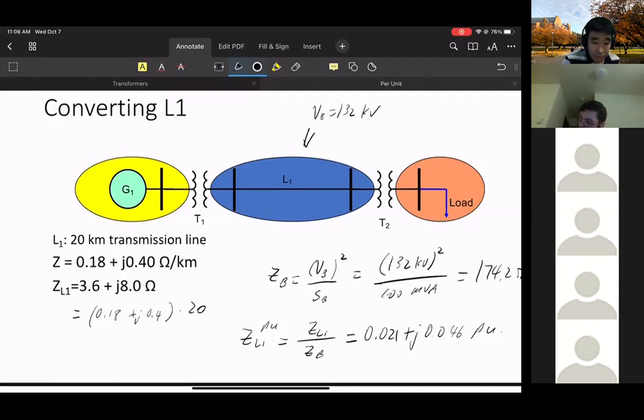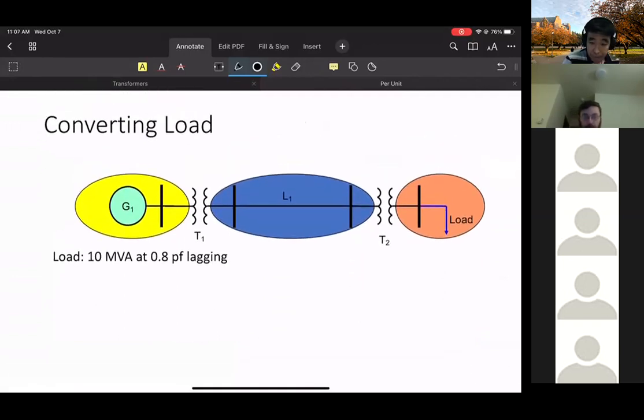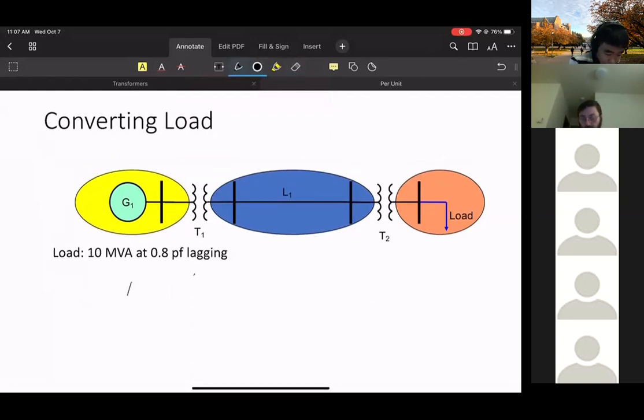So at the end, last step, we need to convert the load to per unit. So for the load, what we have is MVA, so P plus JQ is 10 times... So let's do the P part first. It's 0.8 power factor lagging. So P is 10 times 0.8. This is 8 megawatts.